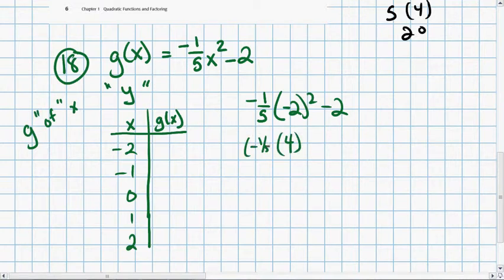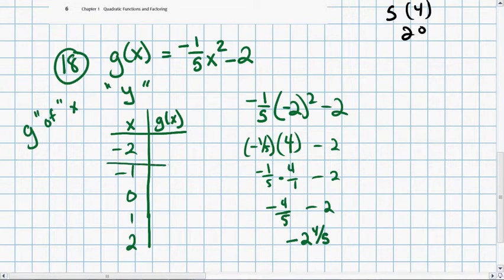4 times -1/5. If I write that as -1/5 times 4 over 1, I get -4/5. And then I'm subtracting 2 from all of this still, right? So -4/5 minus 2 is going to be -2 4/5.